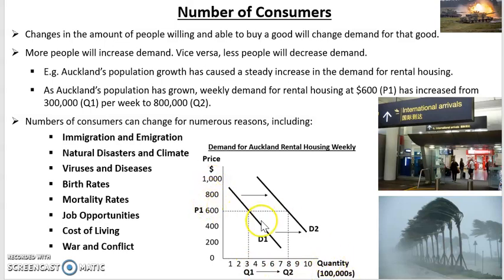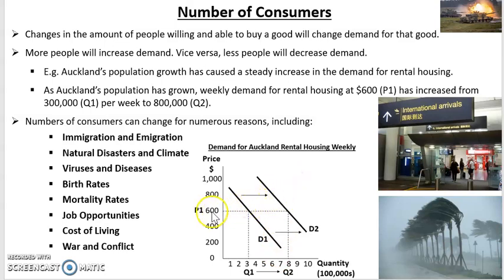Now, if we have an increase in the number of consumers, those people who want a house and can afford to buy a house, we're going to see an increase in demand from D1 to D2. At an increased demand curve, at each and every price level, right from 200 through to 1,000, more quantity is demanded.